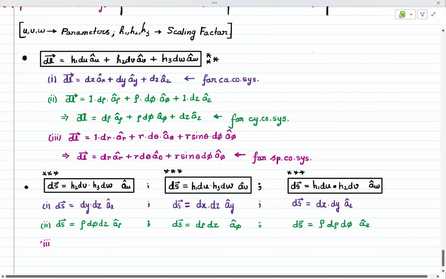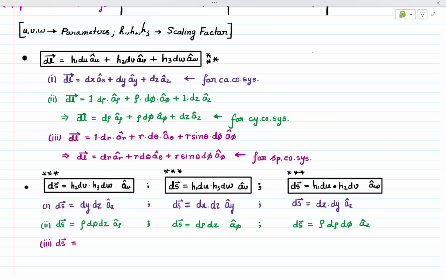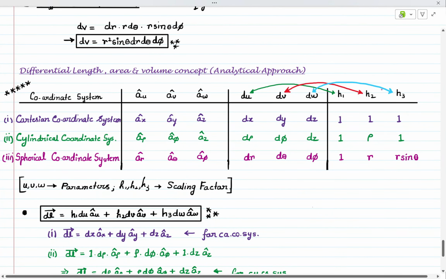And the third coordinate system is the spherical coordinate system. Here h2 and h3 are nothing but r and r sine theta, right? According to the table, you can see over here that h2 and h3 are r and r sine theta. And that is in the direction of what?